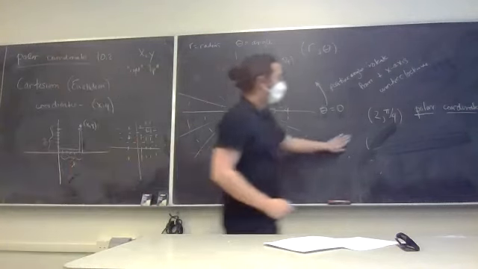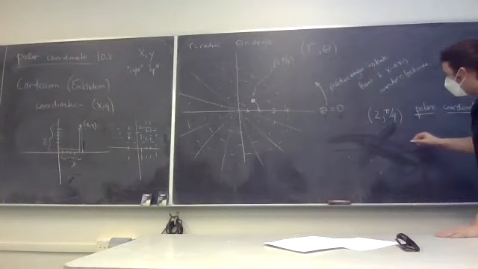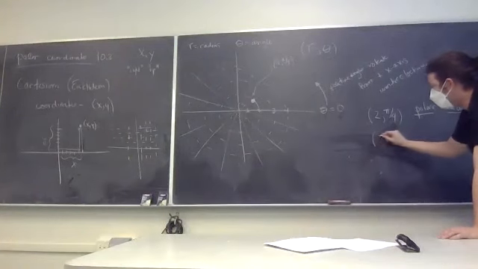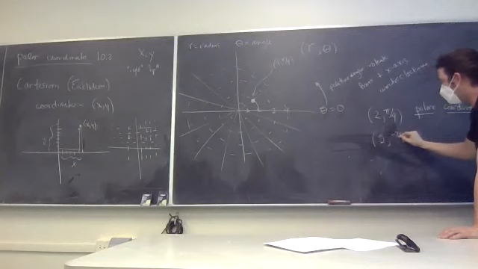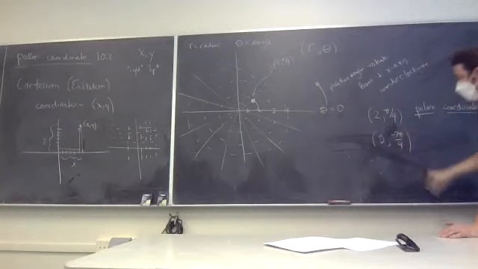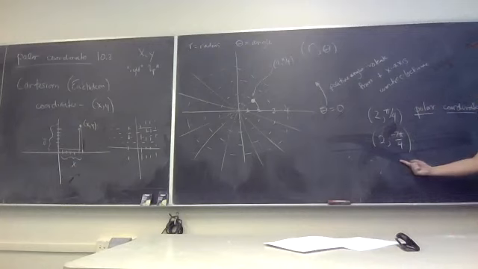Over here, you can think about what happens if I wrote down the point 2, minus 7 pi over 4. Well, that would say, if I wanted to plot that point, go to the circle of radius 2 and then rotate backwards by 7 pi over 4 radians, right?